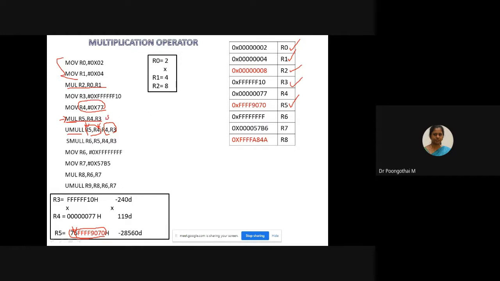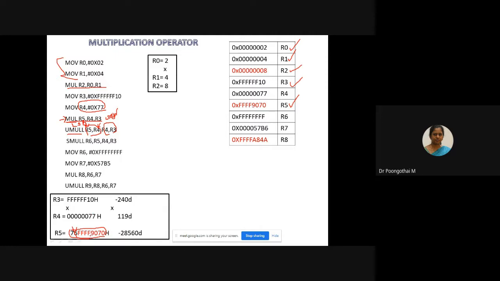This is for upper and this is LSB. After execution of this instruction, your R4 holds this 76 and R5 holds this value.